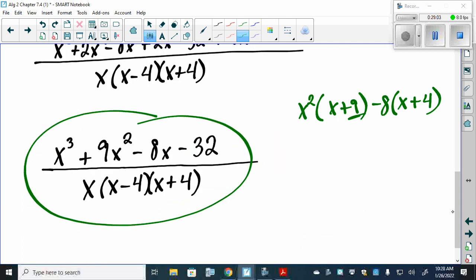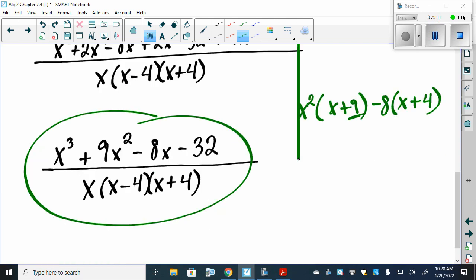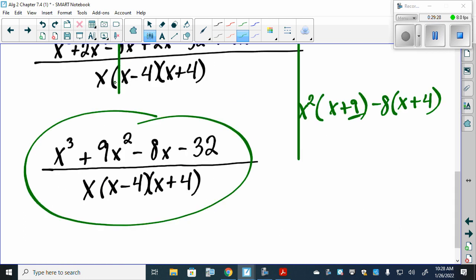This is the correct answer, but I did notice one small thing. I managed to change this from a minus to a plus. But if they were all plus, we would get this here. Okay? So, any other questions on this here? So, on your note sheet, go on and change that to a plus.